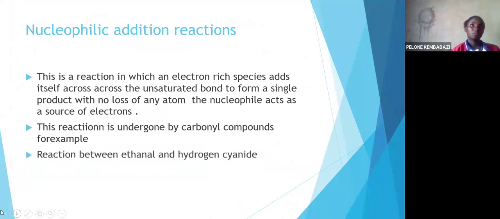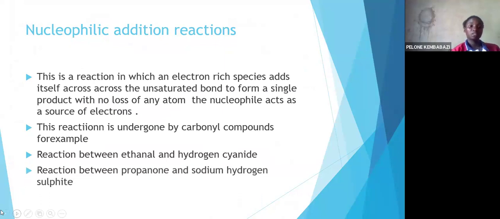This reaction is undergone majorly by carbonyl compounds, of which we have aldehydes and ketones. And we have two major nucleophilic addition reactions in carbonyl compounds: a reaction between carbonyl compounds and hydrogen cyanide, and a reaction between carbonyl compounds and sodium hydrogen sulfide.